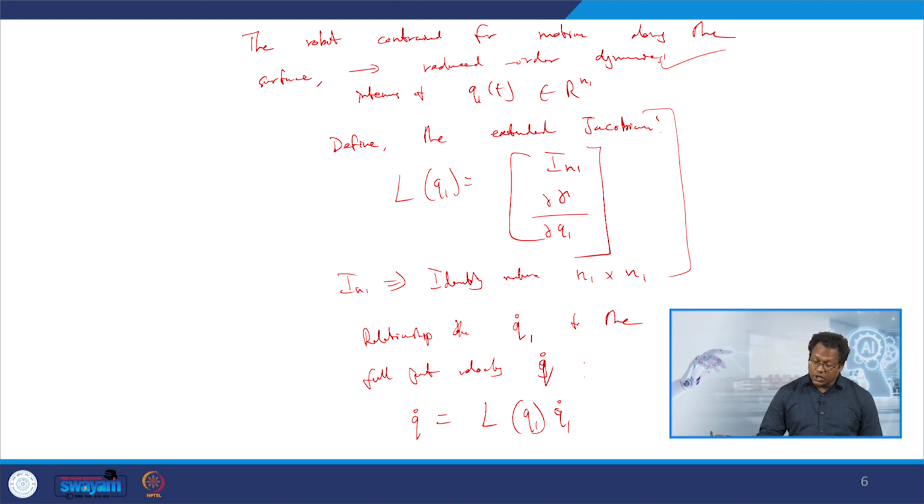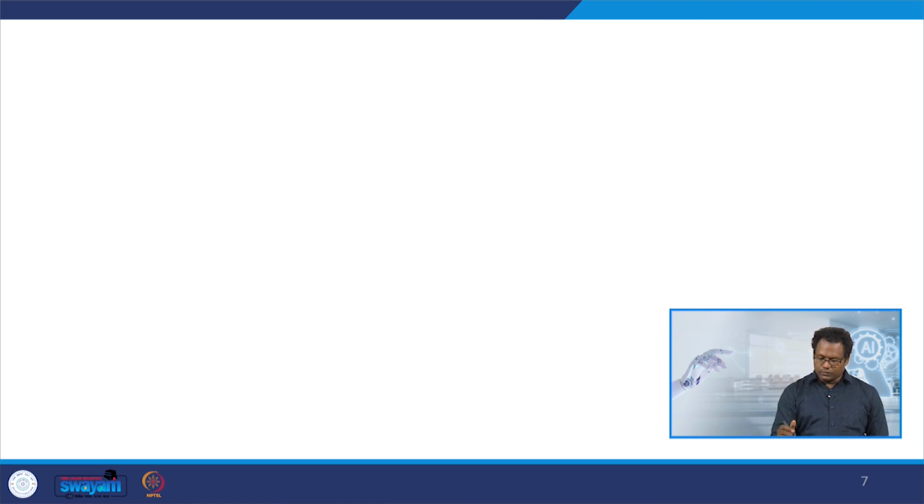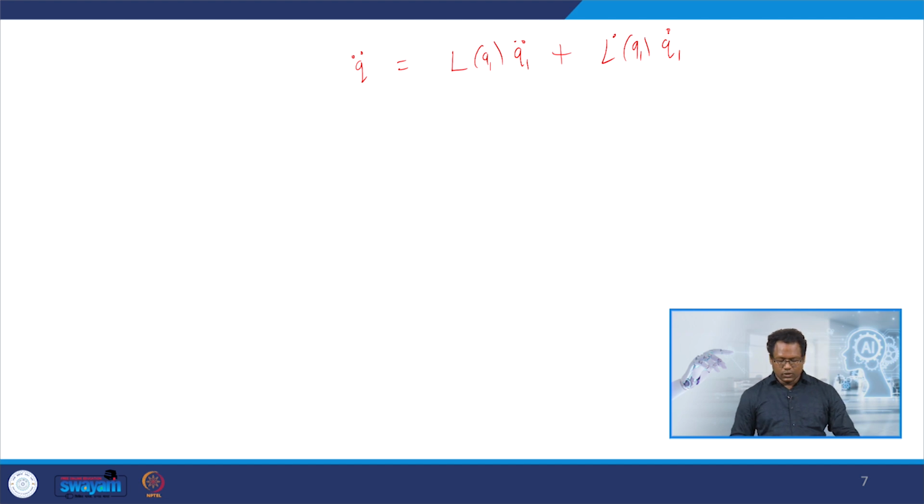So, the extended Jacobian matrix relates the full velocity to the tangential velocity of the robotic system. Also, from q dot equal to L of q1 into q1 dot, we can have q double dot equal to L of q1 into q1 double dot plus L dot of q1 into q1 dot. Okay. So, we can have these two expressions.